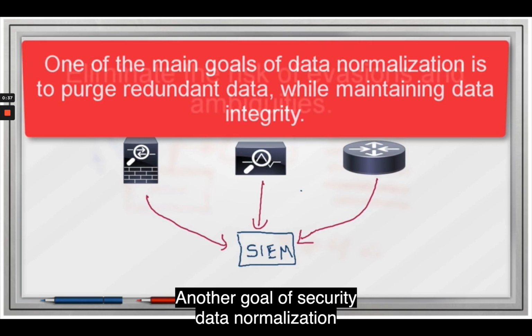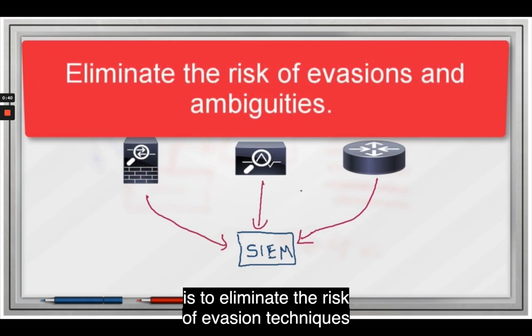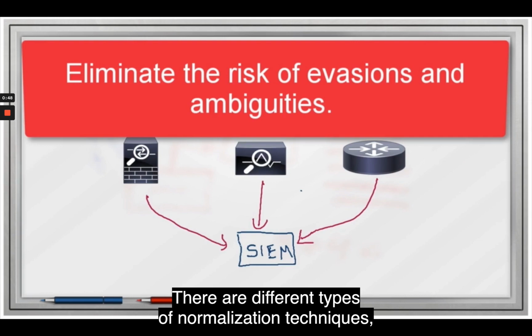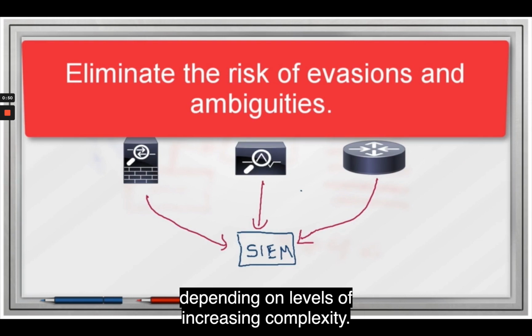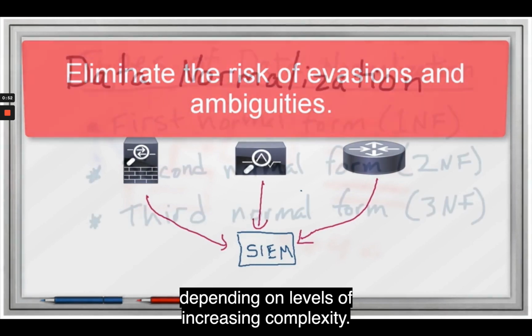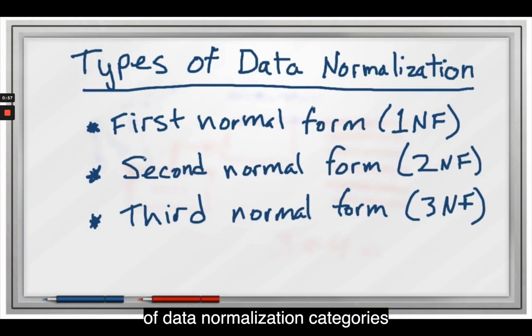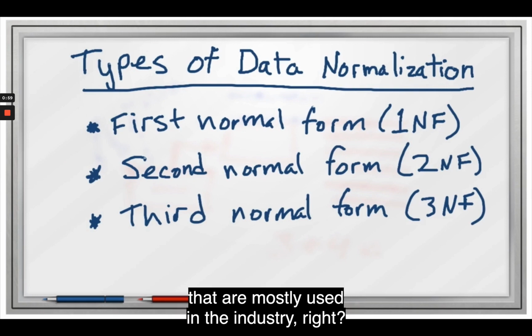Another goal of security data normalization is to eliminate the risk of evasion techniques and ambiguities within your network, right? There are different types of normalization techniques depending on levels of increasing complexity. Now here I'm actually showing the 3 different types of data normalization categories that are mostly used in the industry, right?